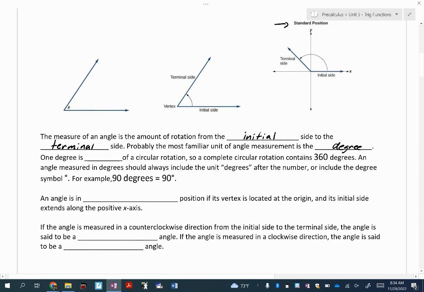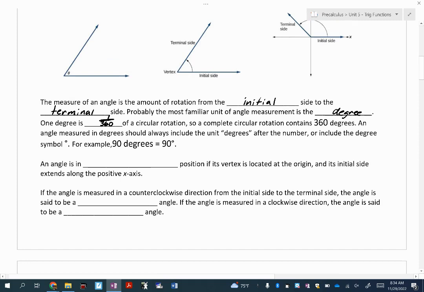All right, 1 degree is 1/360th of a circular rotation. So the entire way around is going to be 360 degrees. Okay. So the main thing you need to know is that if you're using degrees, you must have that degree symbol. If I don't see a degree symbol, then I'm going to assume you're talking about radians.